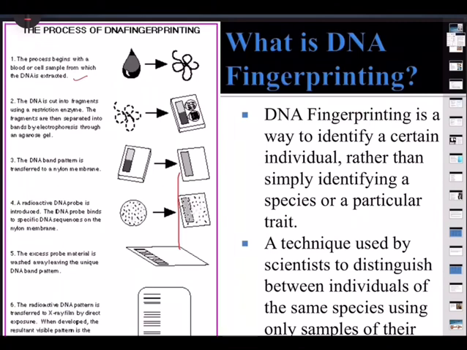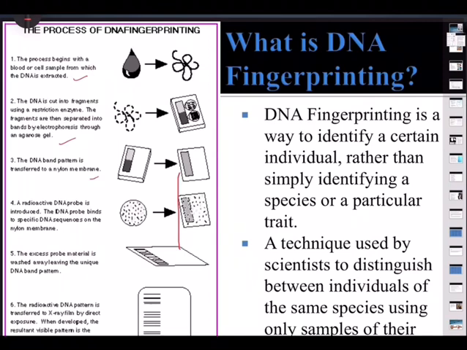Step 2, the DNA is cut into fragments, as you are seeing, using restriction endonuclease enzyme. The fragments are then separated into bands by a process called electrophoresis through agarose gel. That's the second step. Third, the DNA band pattern is transferred to a nylon membrane.